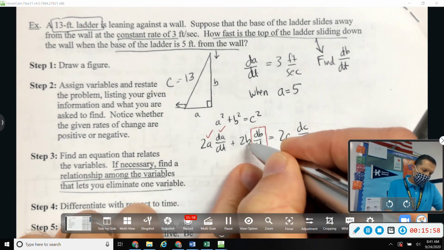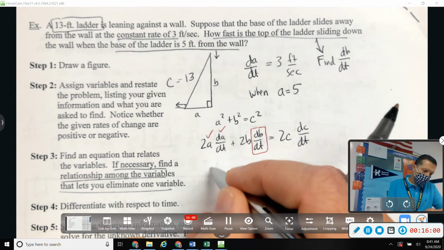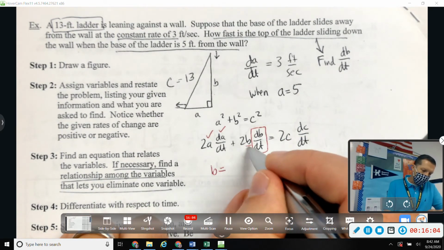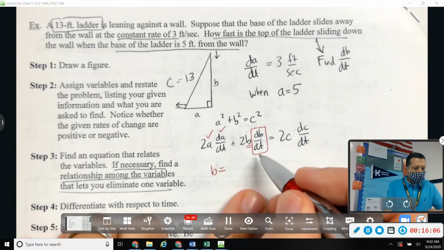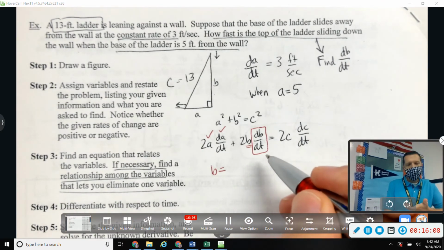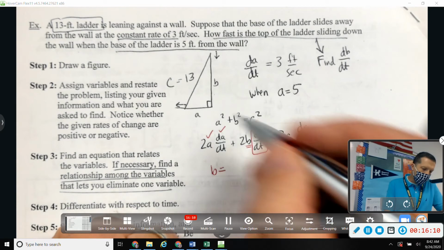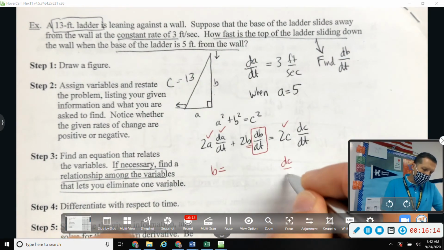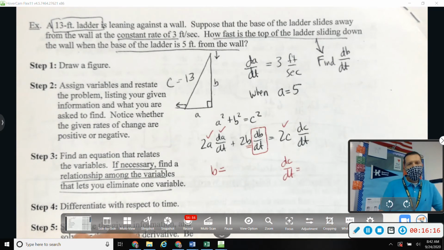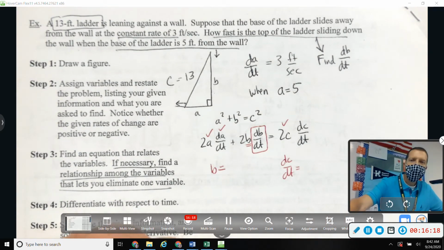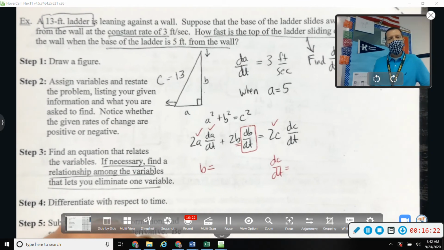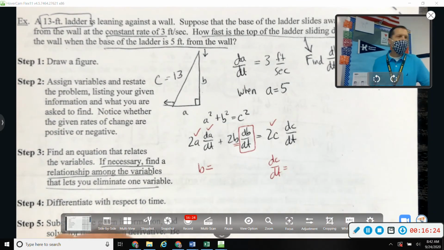B, we don't know B, so we'll have to figure out what that is. dB/dt is what we're looking for, so we don't know that either. C, we know, that's 13. dC/dt, we don't know. So I've got a little extra work here to find B and dC/dt before I can find dB/dt.